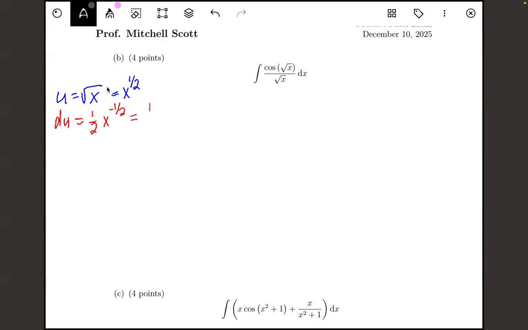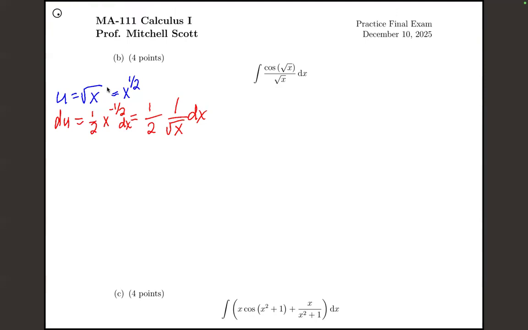And hopefully you see by now, but if you don't, we have 1/2 1 over square root of x dx is our du. And that's good, because I see a dx, I see a 1 over square root of x. So I'm almost there. The only thing is that I have 1/2 of this, so I'm going to just rewrite this as 2 du equals 1 over square root of x dx.